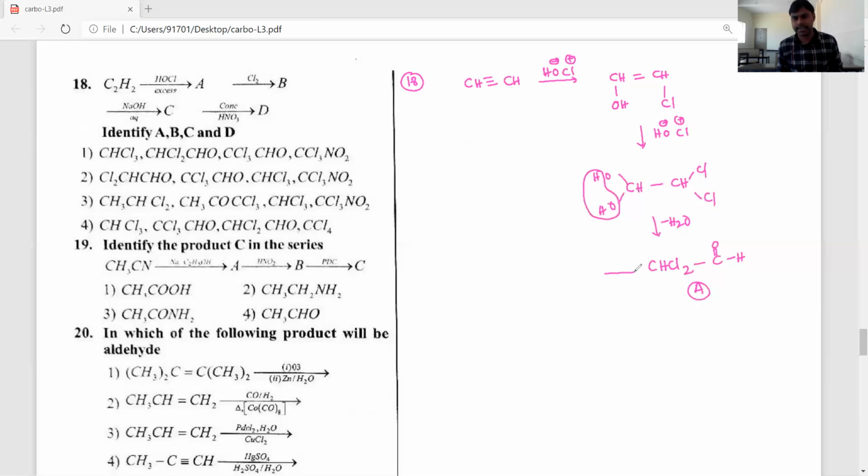This A is again treated with chlorine, because an alpha hydrogen is present. The one alpha hydrogen will be replaced by chlorine to produce CCl3CHO. That is the B product, known as chloral.